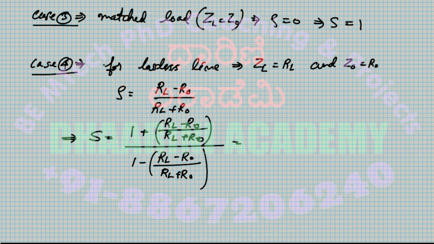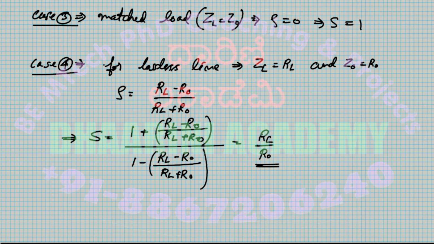RL by R naught. Okay, right. In the numerator, you get R naught cancelled, I guess. Let me just cross verify. RL minus RL plus R naught. Yes, yes, yes. RL by R naught. Okay. Right. So that's how we try to represent this.